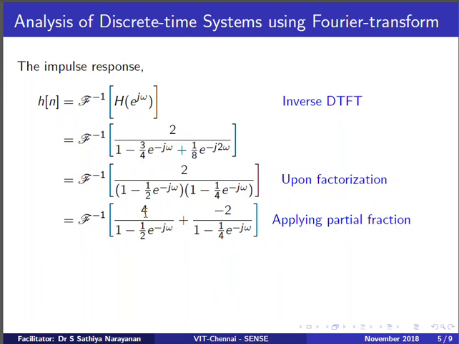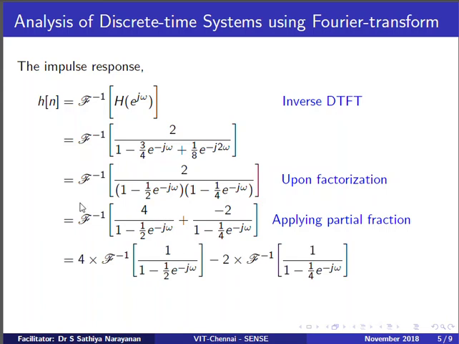Now, using the linearity property, this can be written as Fourier inverse, and the constants can be taken outside. From the first term, 4 is taken outside, and this becomes 4 times the Fourier inverse of 1 divided by 1 minus 1 by 2 e raised to the power minus j omega, minus 2 times the Fourier inverse of 1 divided by 1 minus 1 by 4 e raised to the power minus j omega.